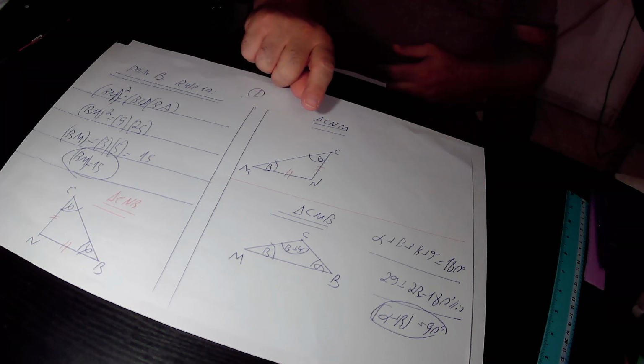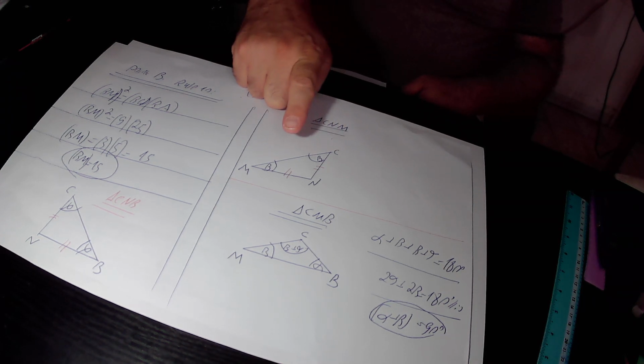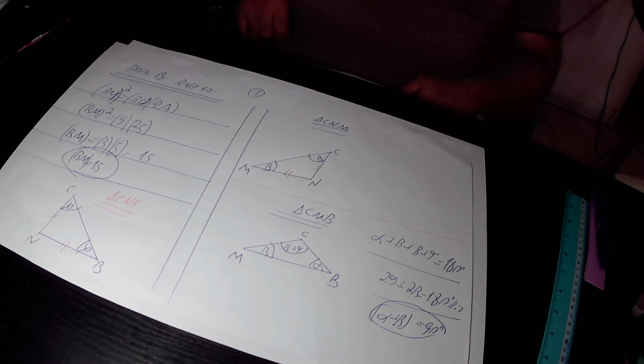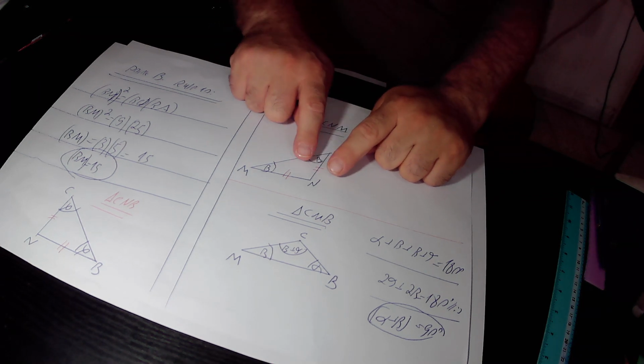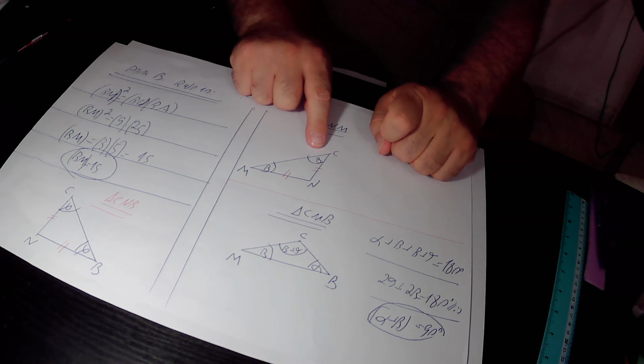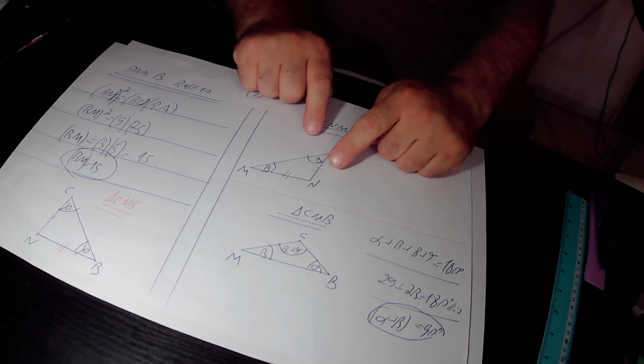According to rule 2, side CN equals side NM. And according to the rule that I mentioned, that in front of equal sides in a triangle there are equal angles, in front of this side NM we have this angle, and in front of this side CN we have this angle.